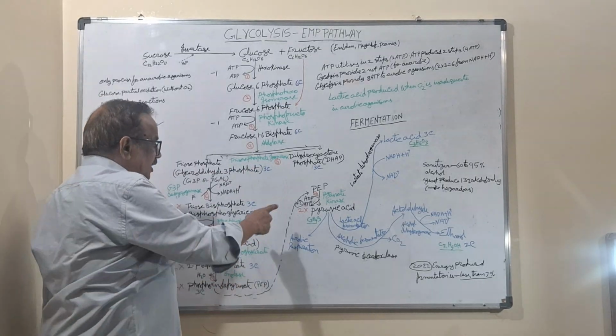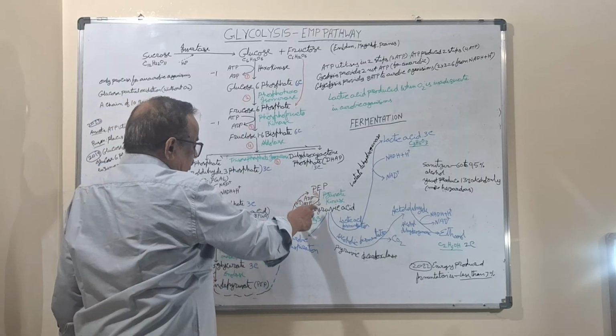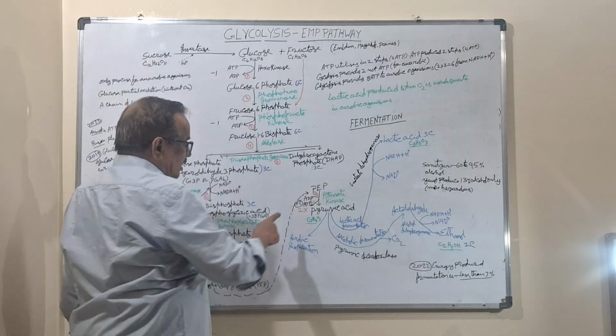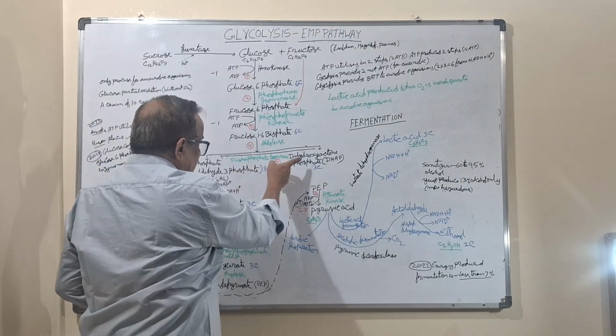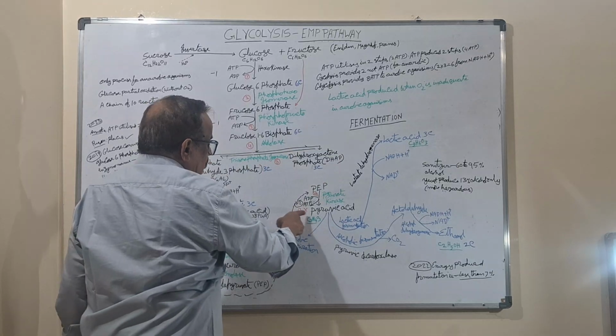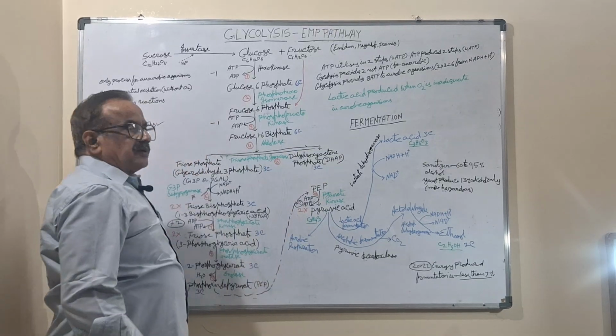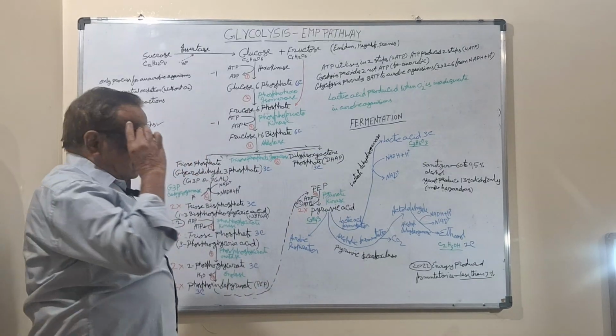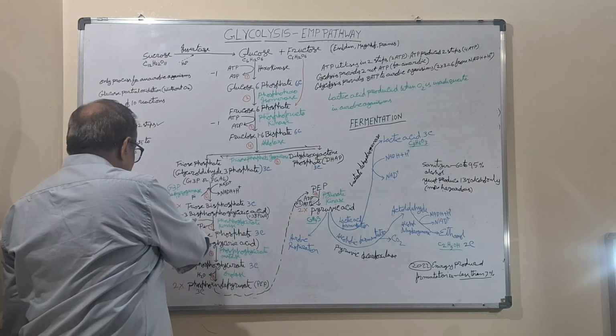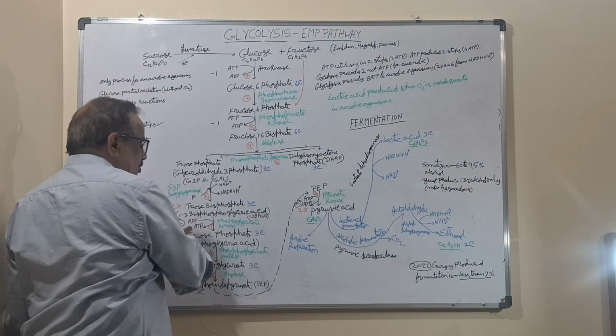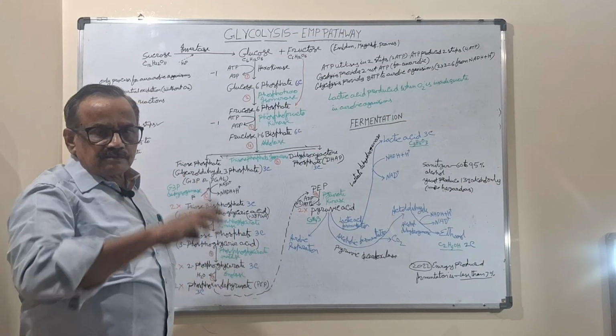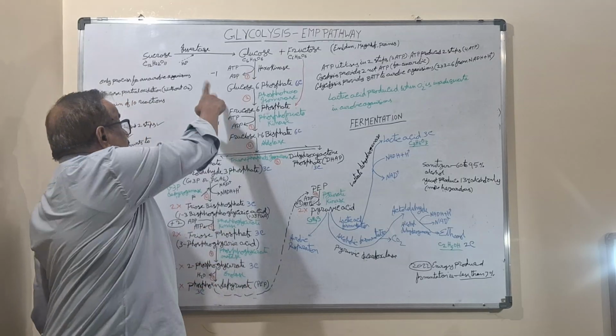And one more ATP is produced when phosphoenol pyruvate is converted into pyruvic acid. There also one is produced, but twice, so 2 ATP are produced. So here 2 and here 2, 4 are produced, 2 are consumed.